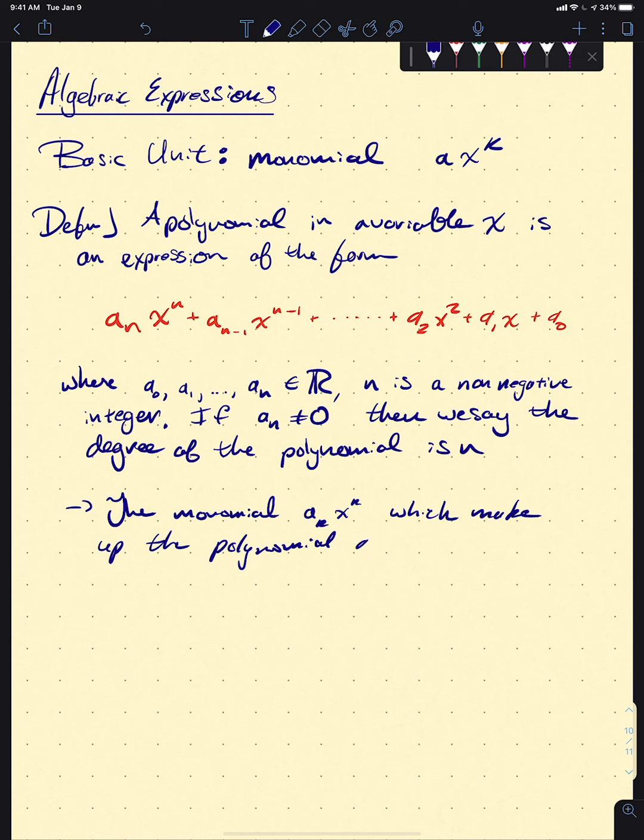Each of these monomials is called a term of the polynomial, right? So a polynomial with one term is a monomial, a polynomial with two terms is a binomial, and etc.